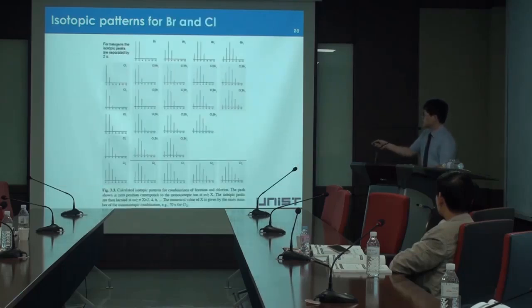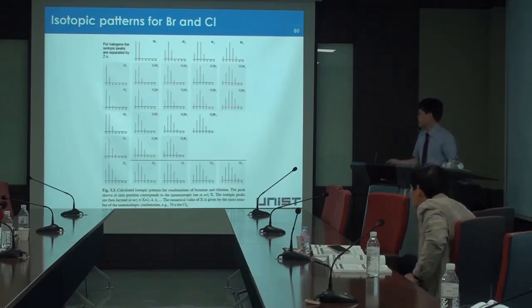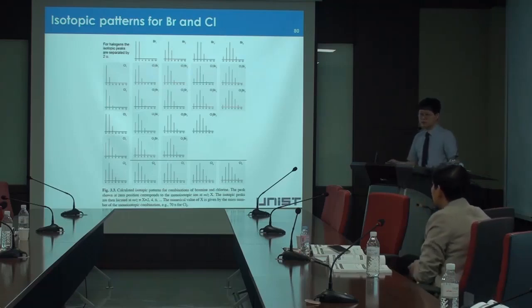If there are 2 chlorines, Cl2, 3 peaks. 4 chlorines, 4 peaks, 5 peaks, and so on. It is a combination of possibilities. It's very complicated, but we don't worry about it.